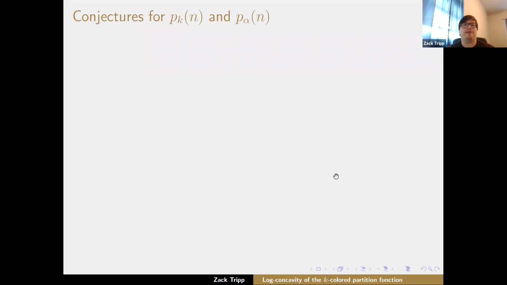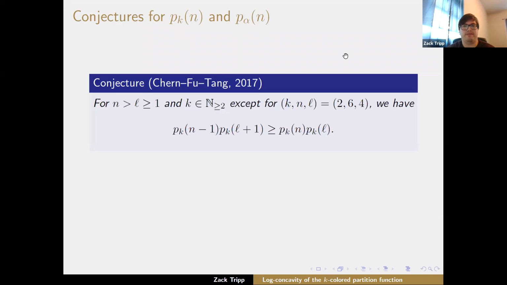Okay, so I mentioned those nice properties of the partition function before. It turns out we have two conjectures of similar nature for the k-colored partition function and the fractional partition function. First, Chern, Fu, Tang in 2017 proved some properties of the k-colored partition function, and then they conjectured this: p_k(n minus 1) times p_k(l plus 1) is greater than or equal to p_k(n) times p_k(l).